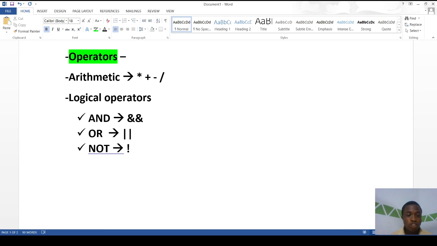So logical operators, as I said, are about the and, or, not, and now we have seen the symbols. I said the operators mostly work with conditional statements or conditions: if this is met or this happens, give me this. When we talk about the AND, both conditions must be true before you execute. If what you have deposited in mobile money is not more than what you want to withdraw, don't execute the application.